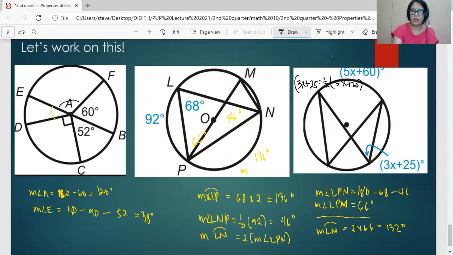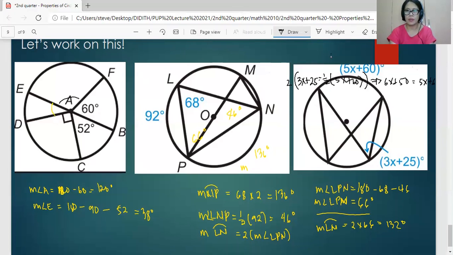So if we multiply both sides here by 2, we have 6x plus 50 equals 5x plus 60. So we have 6x minus 5x equals 60 minus 50. So x equals 10.